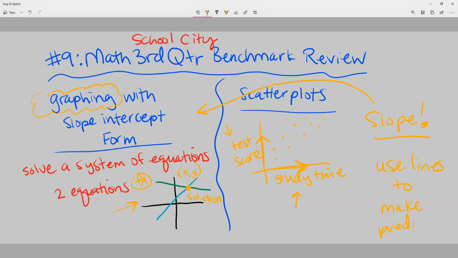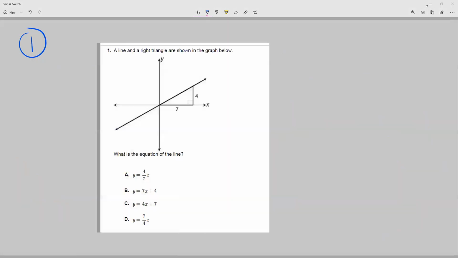So here we were using lines to figure out the solution on this side, where we're graphing lines in order to solve a system. Here we're using graphed lines to make predictions on a data set. So they're definitely related topics.